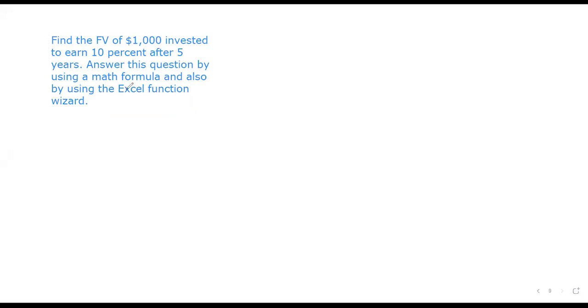And our interest rate is what? 10%. Our time is T is 5. So how to calculate the future value? How to calculate the future value, anyone?